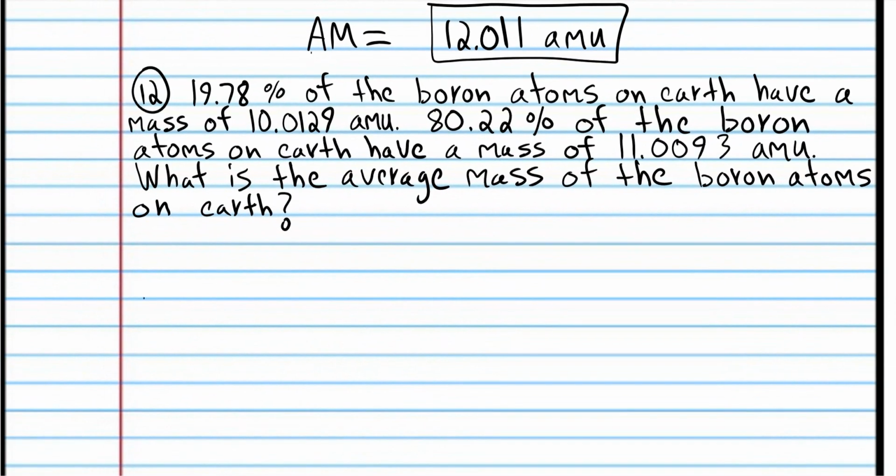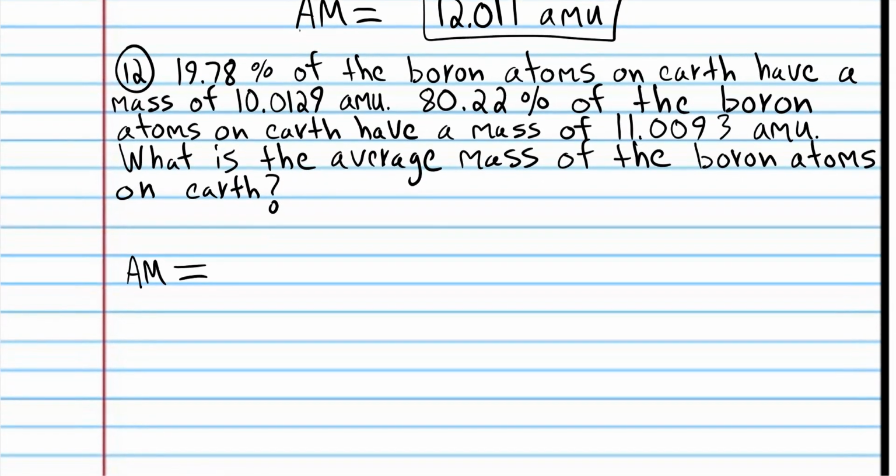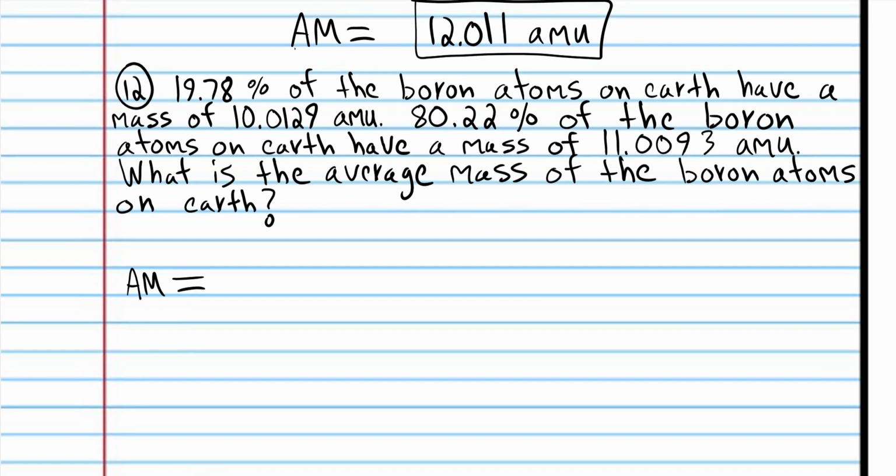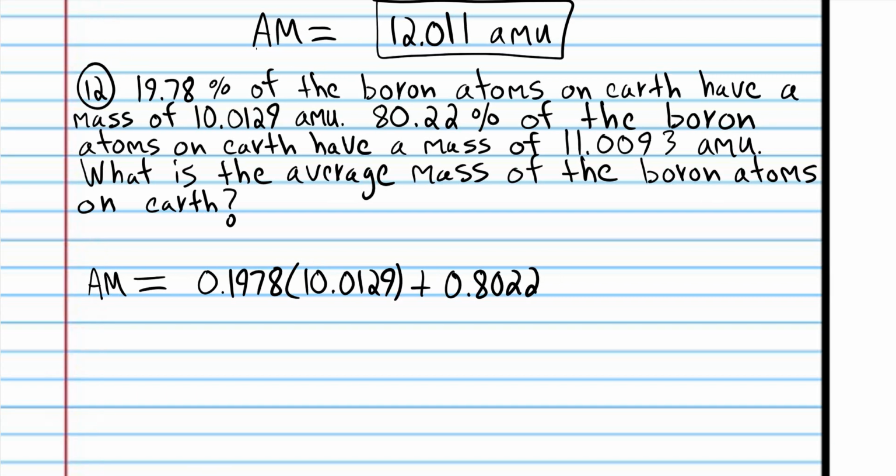Okay, we're back. So the average atomic mass, which is the same as the arithmetic mean of the masses, is 0.1978 times 10.0129 plus 0.8022 times 11.0093.